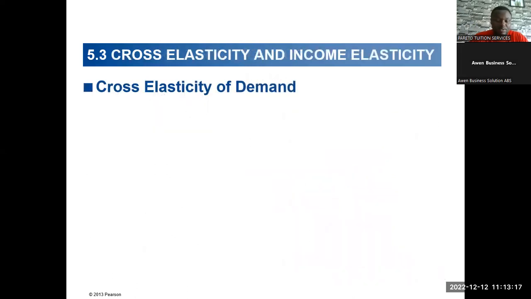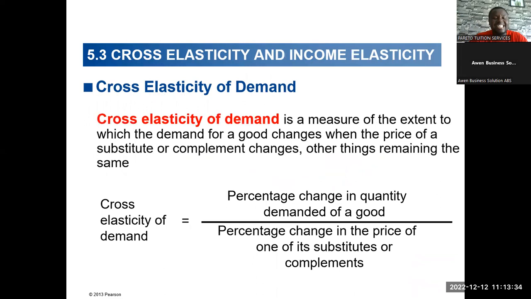So that is for elasticity of supply. Remember I said for demand, we have price elasticity, cross elasticity, and income elasticity. For cross elasticity of demand, we are talking about how consumers respond whenever there are changes in the price of a related commodity. So this one is not a response to the change in the price of the good in question, but the change in price of a related good.